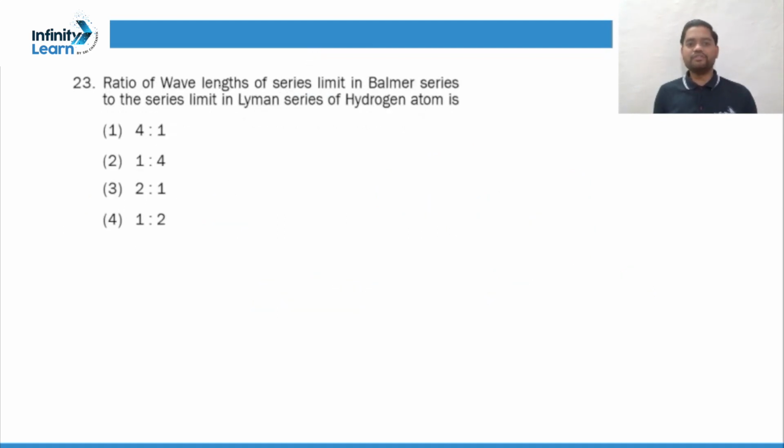23, ratio of wavelengths of series limit of Balmer series to the series limit of Lyman series. So for series limits, for Balmer n1 is equal to 2, but n2 is equal to infinity. For Lyman series, n1 is equal to 1 and n2 is equal to infinity.